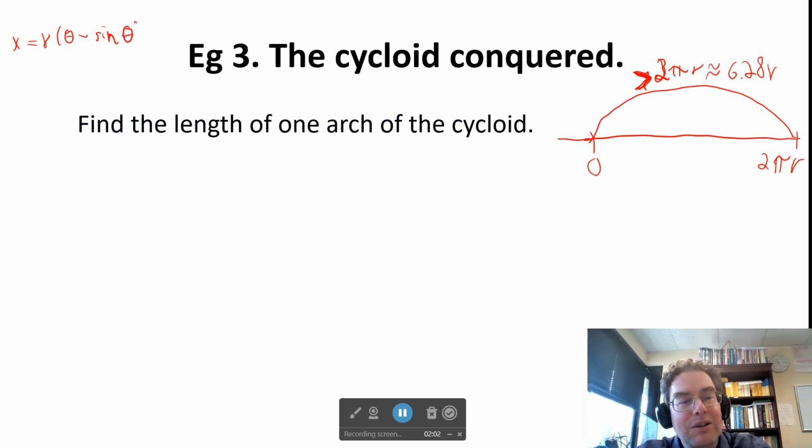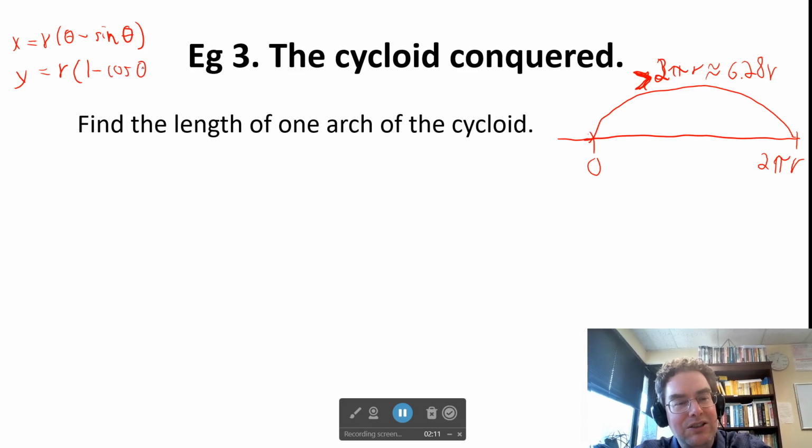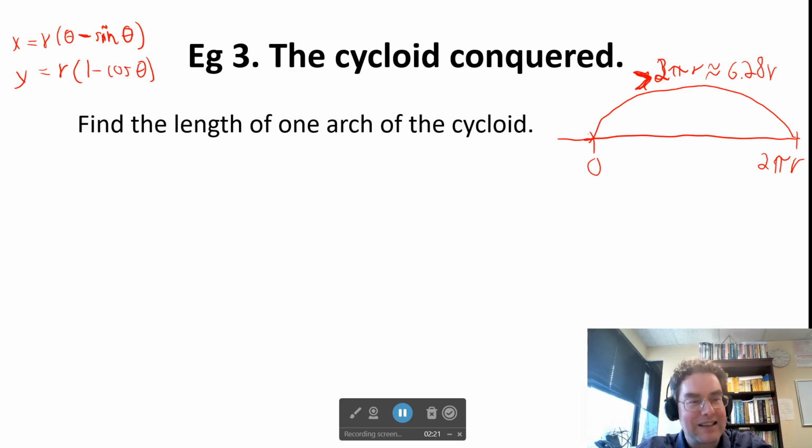And then the other one was for y, that was r times 1 minus cosine theta. Now, that looks a little different than what we did in class. I factored the r's out, and it makes it look a little different, but it's of course the same thing. Maybe just a little more convenient to keep track of everything this way.